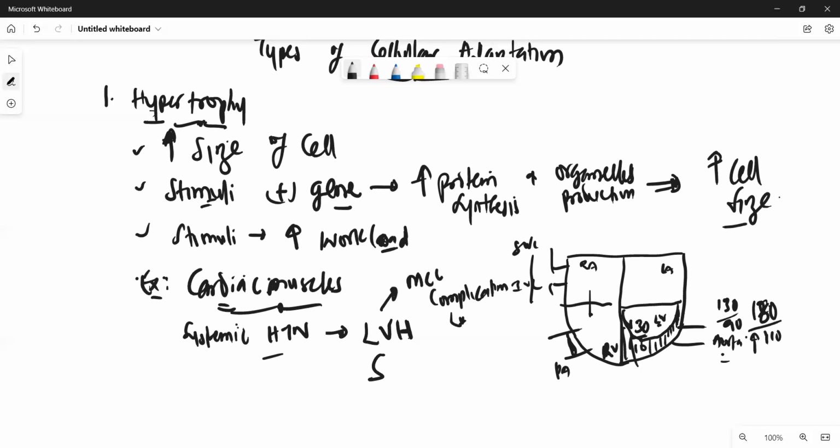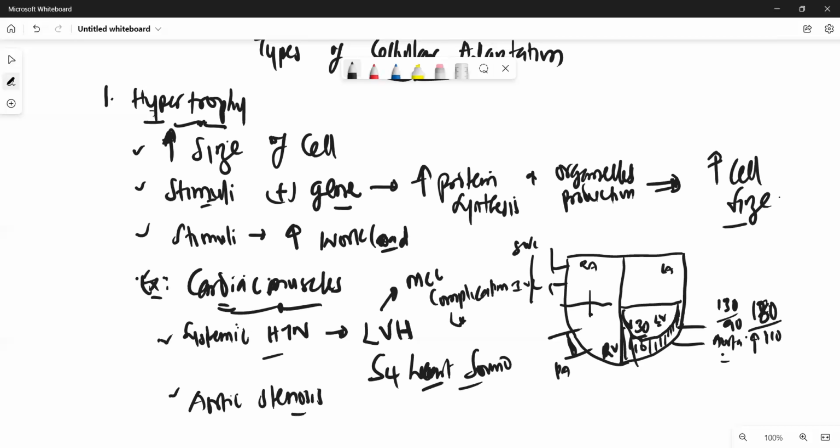So you're going to hear an S4 heart sound. And remember, an S4 heart sound is always pathology. Anytime you hear S4, it's pathology. It's usually due to a decrease in the compliance of the left ventricle, which we will cover when we get to cardiovascular. Another example is if somebody has aortic stenosis.